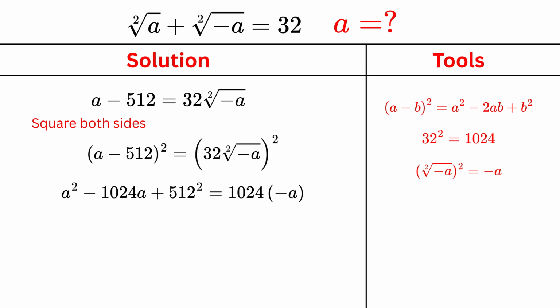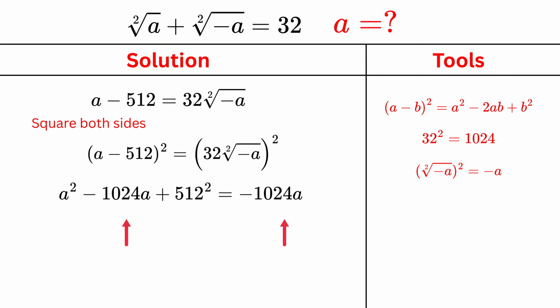That means we can write a squared minus 1024a plus 512 squared equals negative 1024a. Notice that the minus 1024a and the negative 1024a cancel out, leaving us with a squared plus 512 squared equals 0. That means a squared is equal to negative 512 squared.